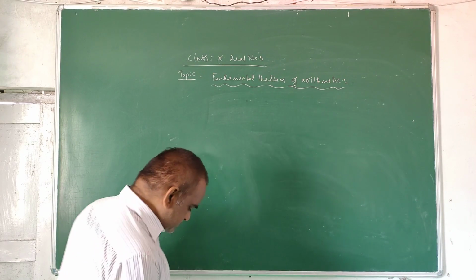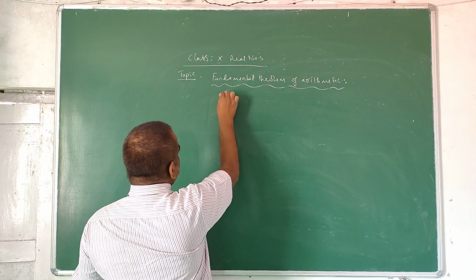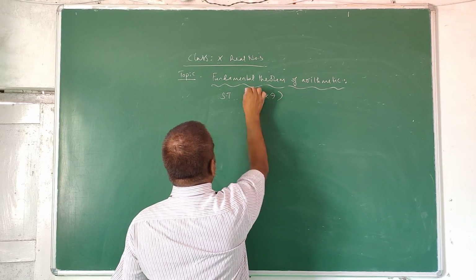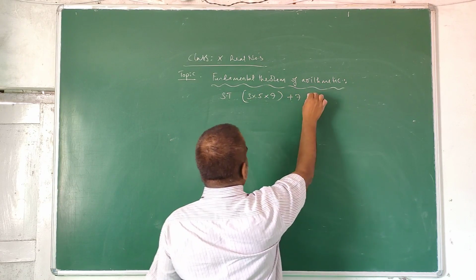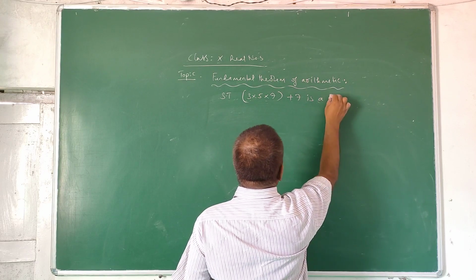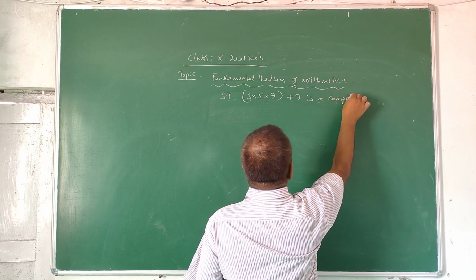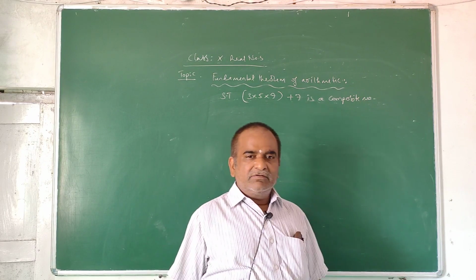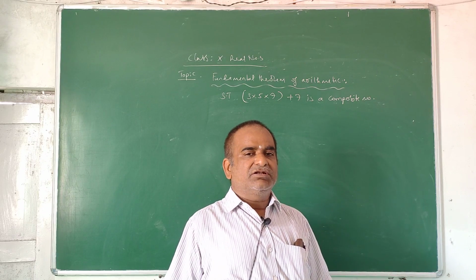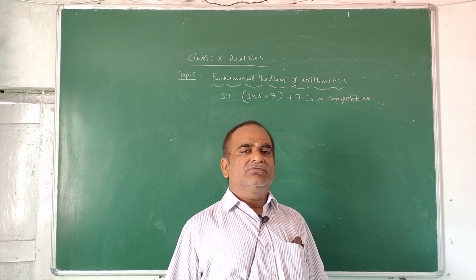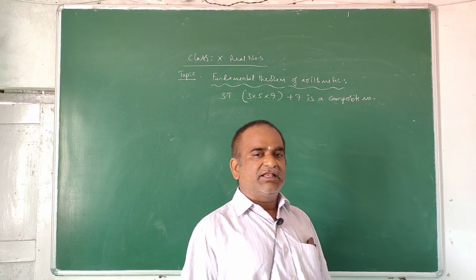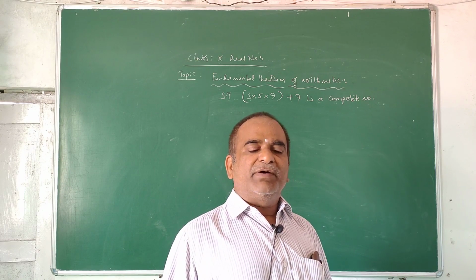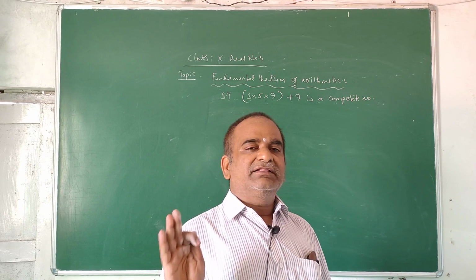Show that 3 into 5 into 7 plus 7 is a composite number. So without the actual calculation of the value, we have to say it is a composite number. That means using the fundamental theorem of arithmetic, you have to state it is a composite number.